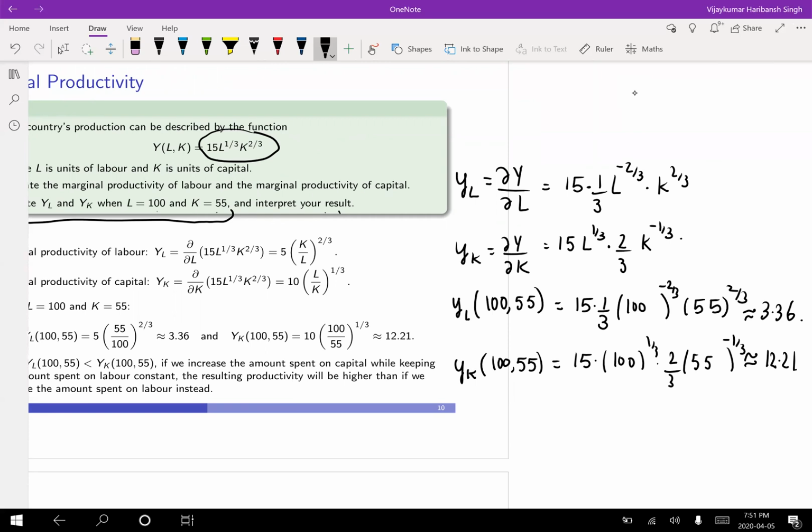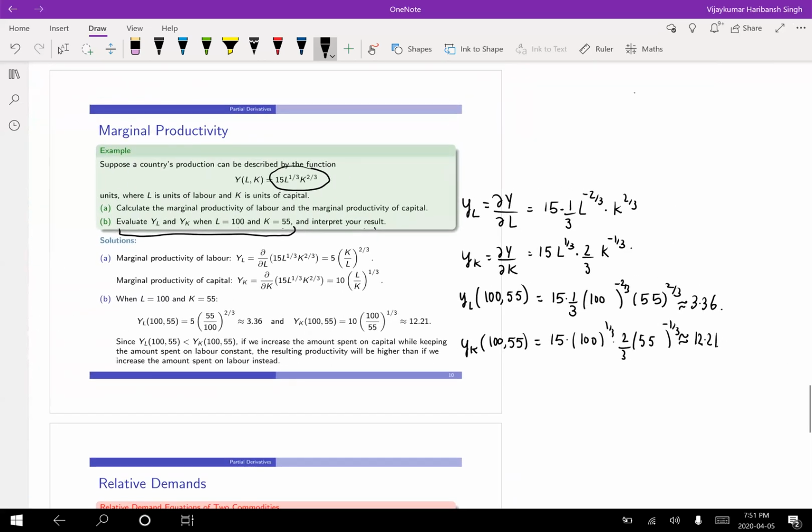So what is the meaning of this? Of course, we can compute it, but what does it mean? It means that if you have labor cost as 100 and capital as 55, then your YL is basically 3.36 and your YK is 12.21. So your YK is bigger than YL at 100 and 55.